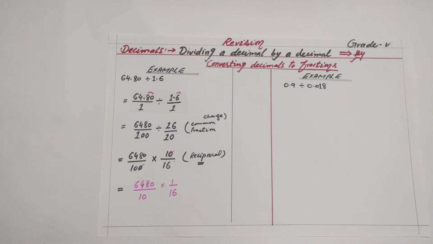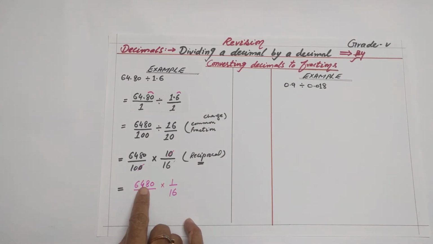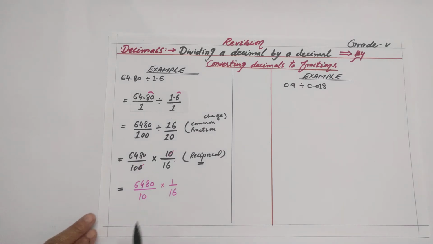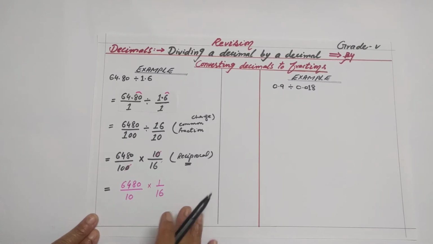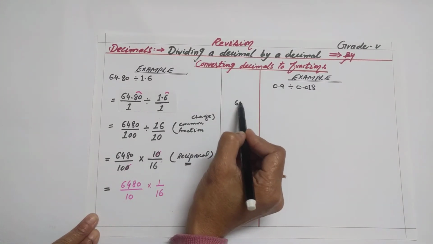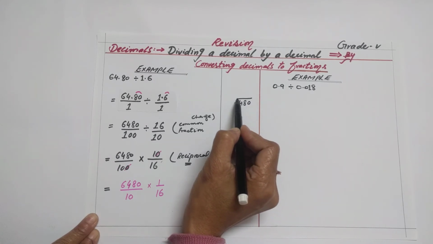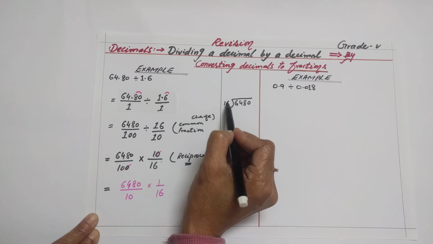Now you have to check whether 16 divides 6,480 or not. For this purpose, because 6,480 is our numerator and 16 is the denominator, let's start the division. So we will divide 6,480 by 16.